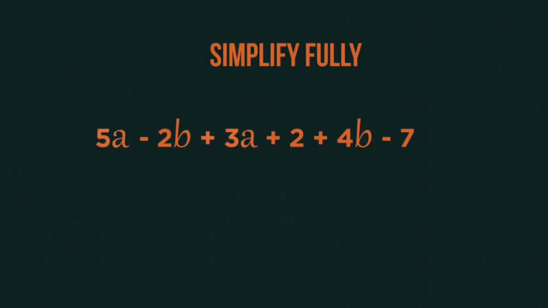So we can combine the A's to get 8A, then the B's, including the sign in front of each term, to get positive 2B, and finally the numbers to get negative 5. We cannot combine different letters, so this is the simplest form. This expression might represent 8 apples and 2 bananas, which are completely different things, so we can't combine them.